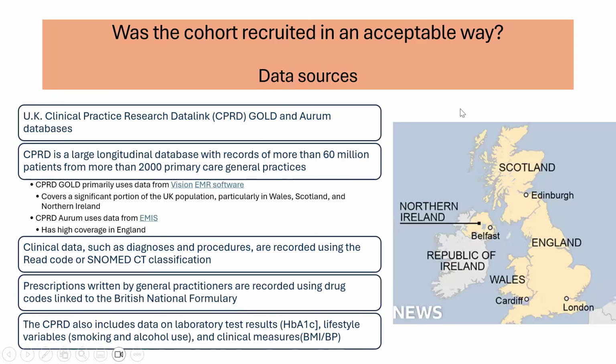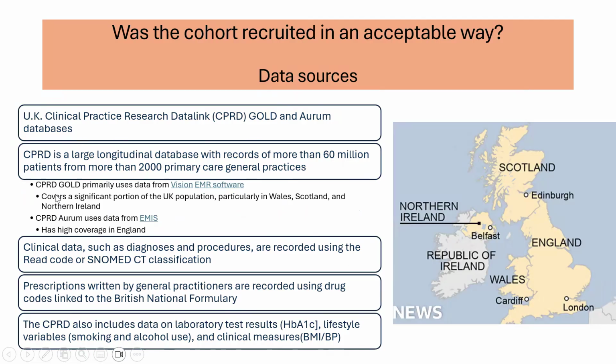So the next question is, was the cohort recruited in an acceptable way? They have looked at a database, the UK Clinical Practice Research Datalink, CPRD, the Gold and the Aurum databases. This is a large longitudinal database with records of more than 60 million patients from more than 2,000 primary care general practices.